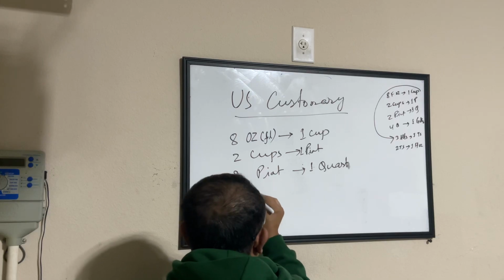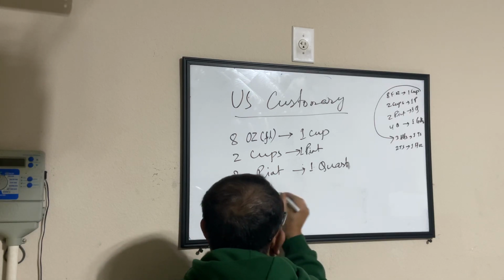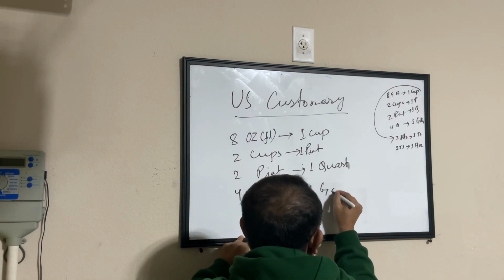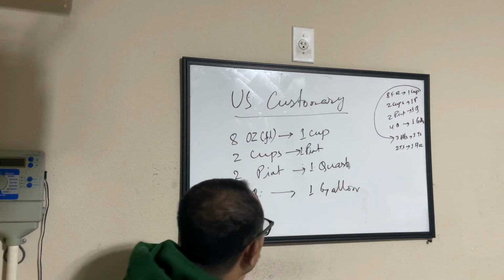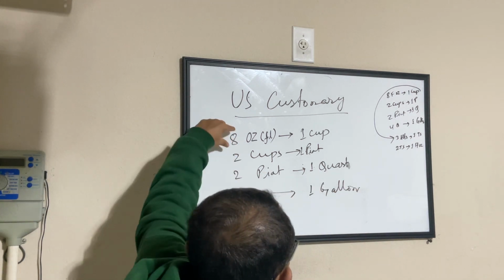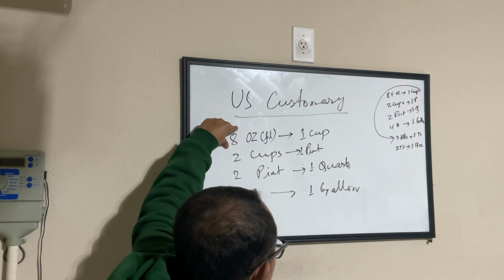And 4 quarts make 1 gallon. So starting with the ounce, that is the smallest unit for now.